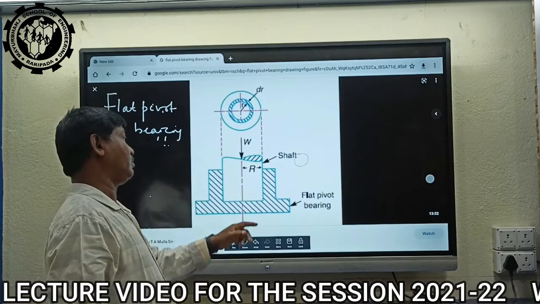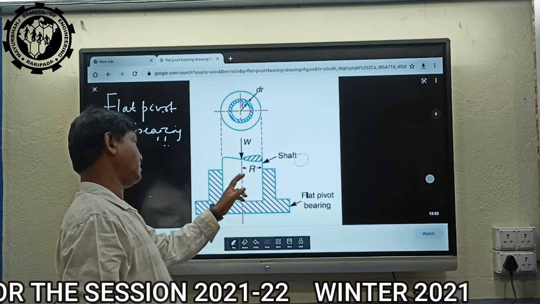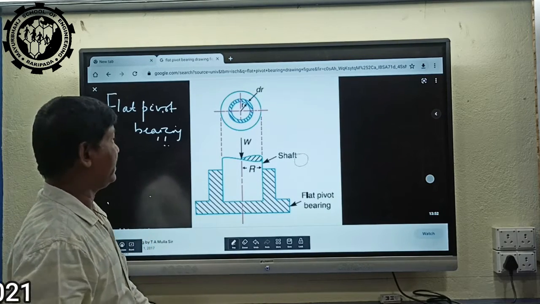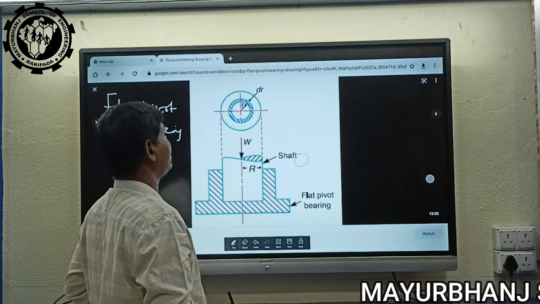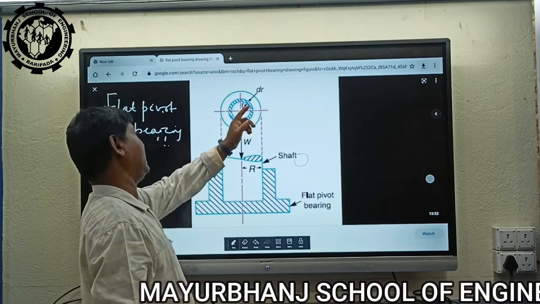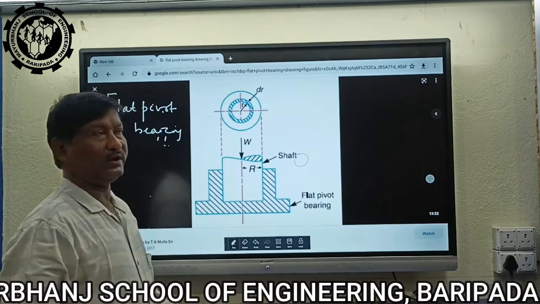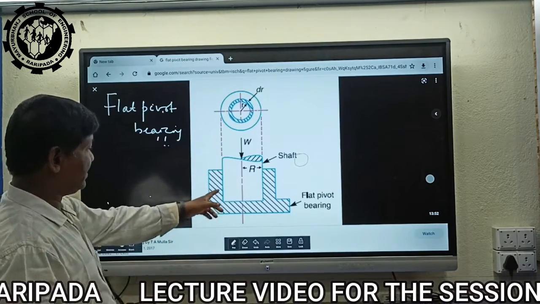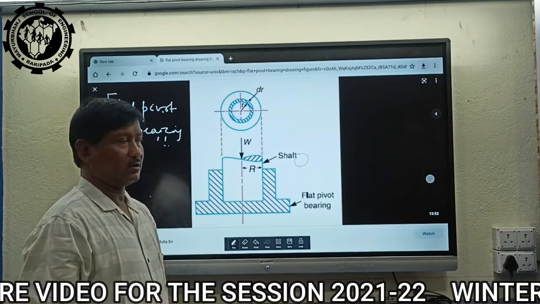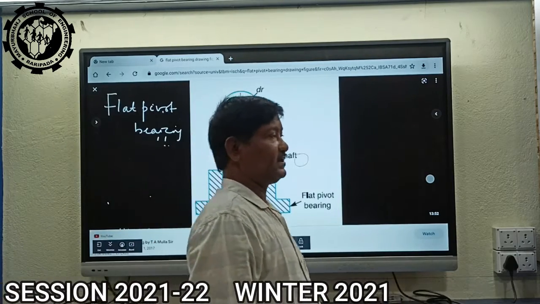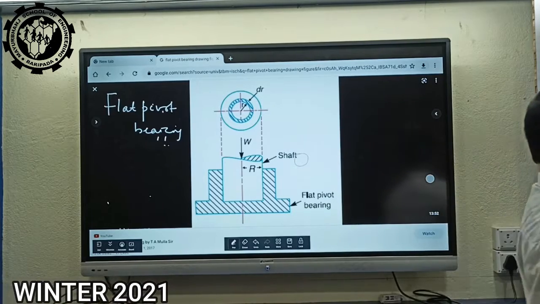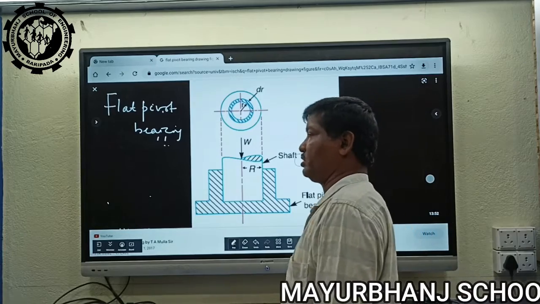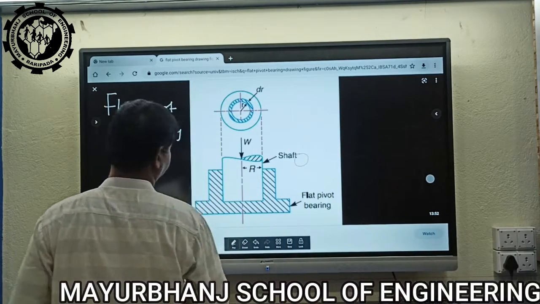There is a load W acting on the shaft whose radius is capital R. We take an elementary strip at a distance of r from the center with thickness dr. Then what will be the frictional torque lost in this friction? From the torque we find the power loss in friction.